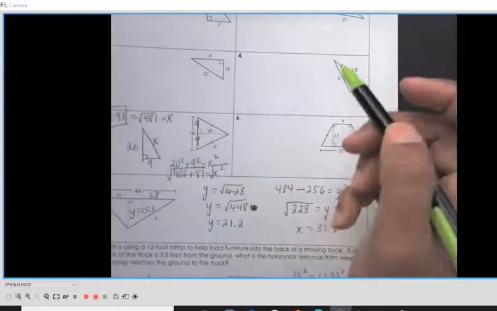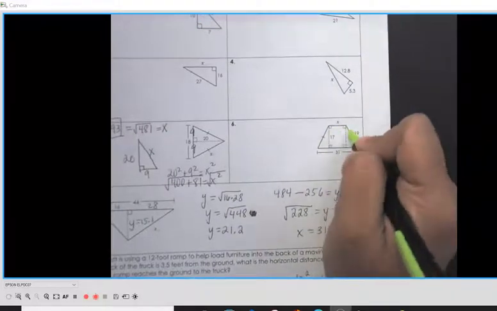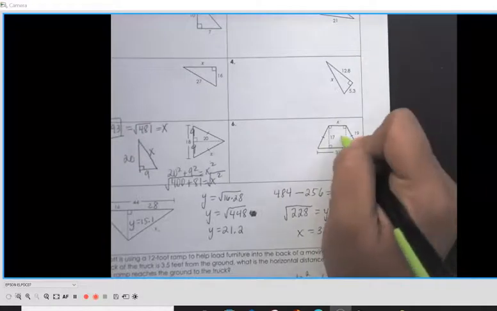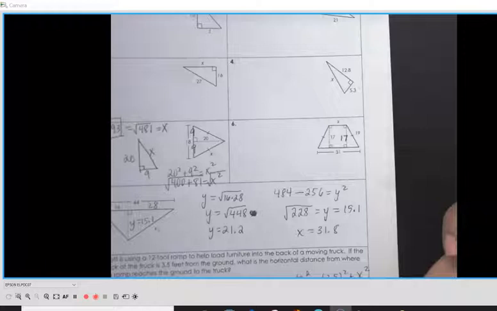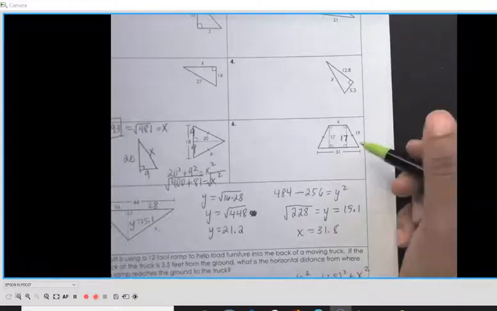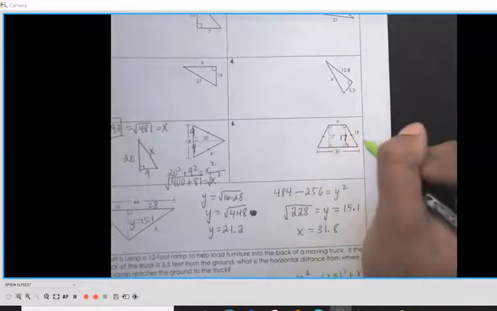All right, for this one, if they say this piece here is 17 and it looks just like a little kind of square or rectangle in the middle, then I believe this piece is 17. Then I can find this piece here because this also forms a right triangle.